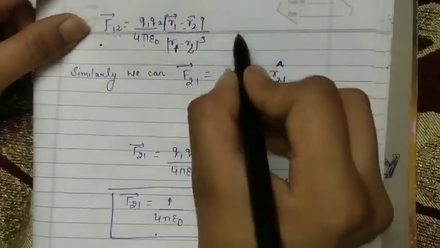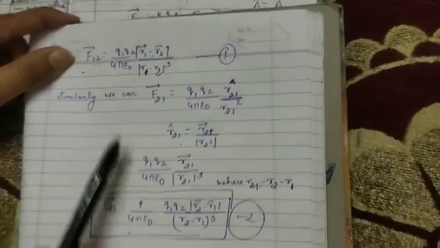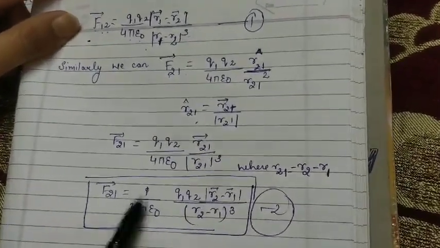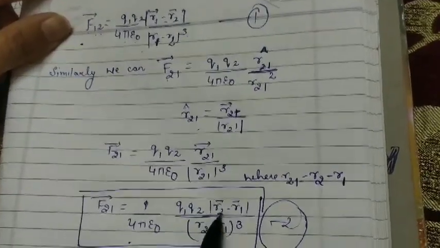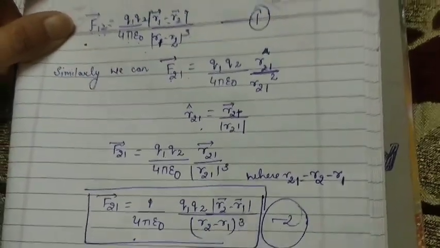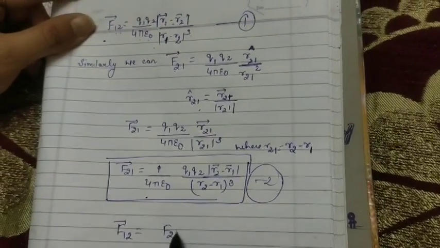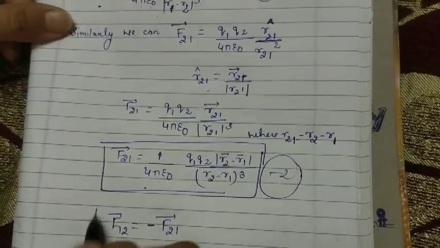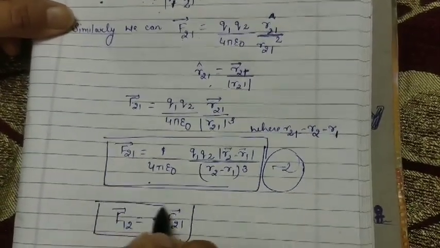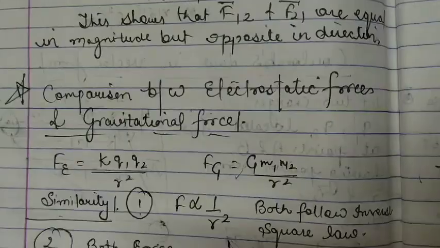From these two equations, it is clear that both the forces are equal. The difference is that here it is R1 minus R2 and here R2 minus R1. It means the forces are equal but opposite in nature. F12 is equal to minus F21. This is Coulomb's law in vector form.